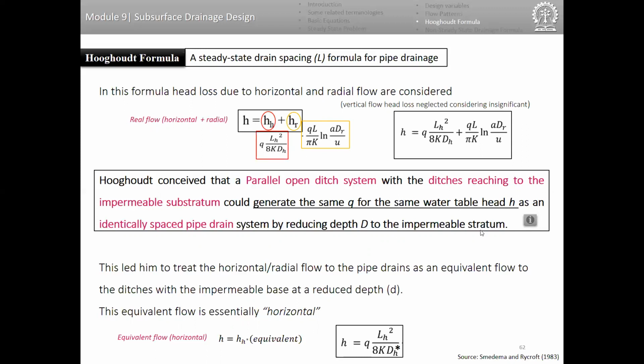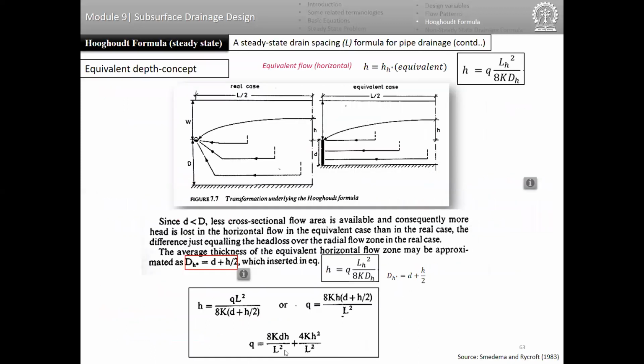Based on the concept of equivalent depth, we came to the equation H is equal to q L square by 8K dH, and then derived the expression for discharge through the drain for steady state, because in steady state recharge is equal to discharge. So q is equal to 8K dH upon L square plus 4K H square by L square.